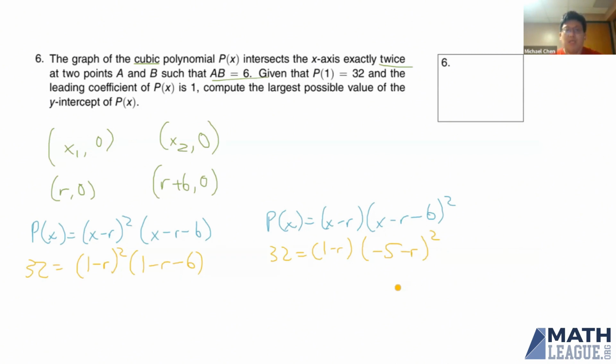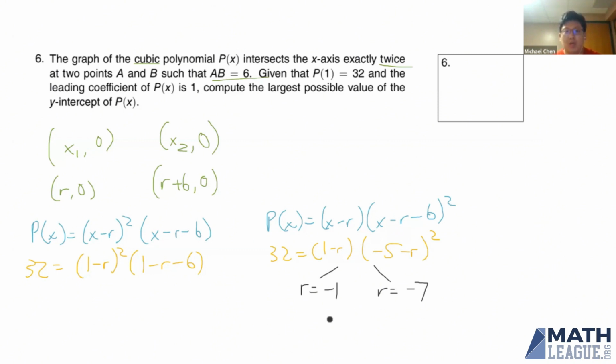So if we look at our 2 equations here, we can see that the case on the right, we have 2 integer solutions. We can either have r equal to negative 1, which will give us 2 times 4 squared equals 32, or r equals negative 7, which would give us 8 times 2 squared is 32. So both of those work.